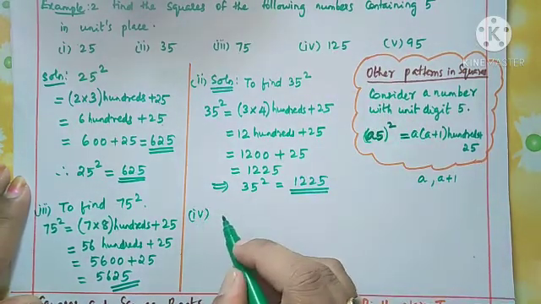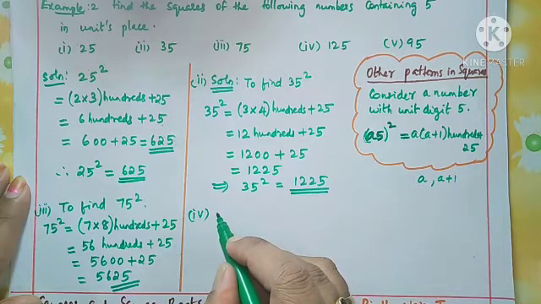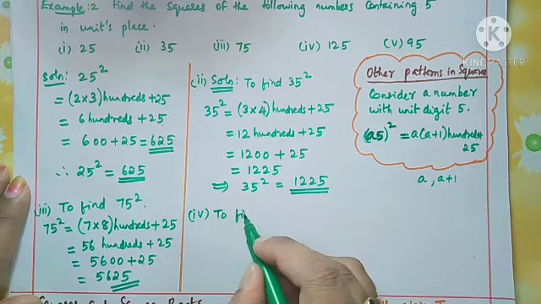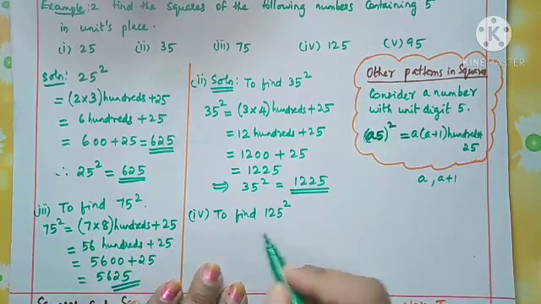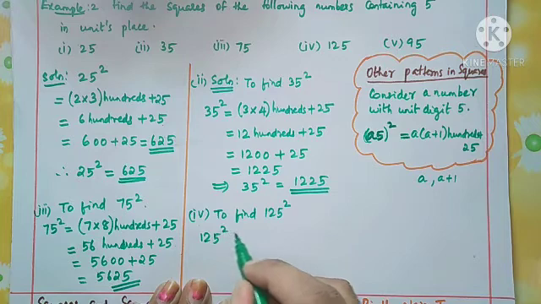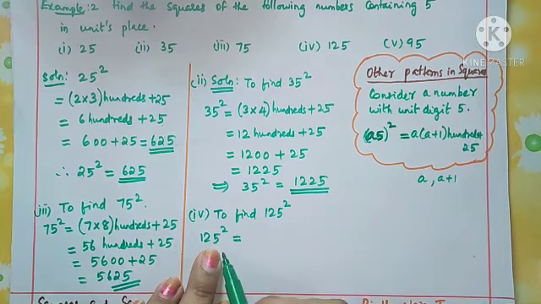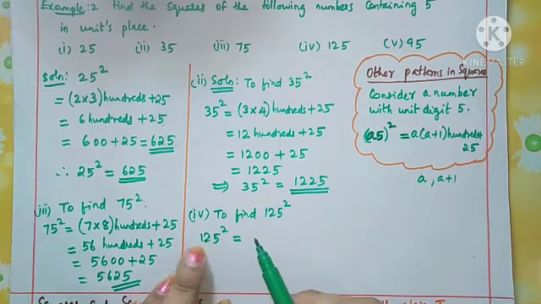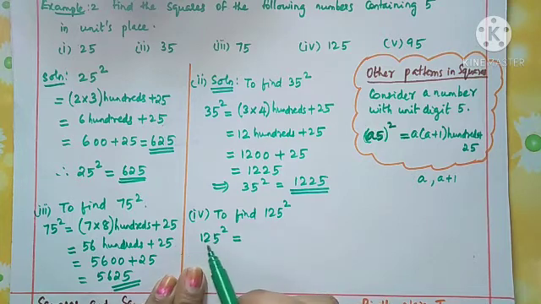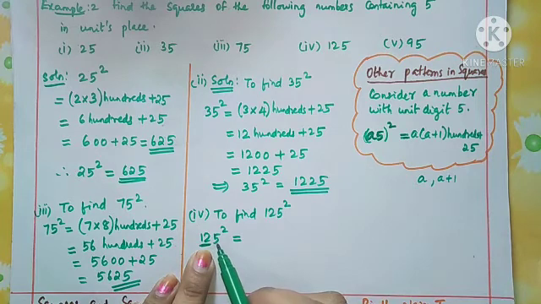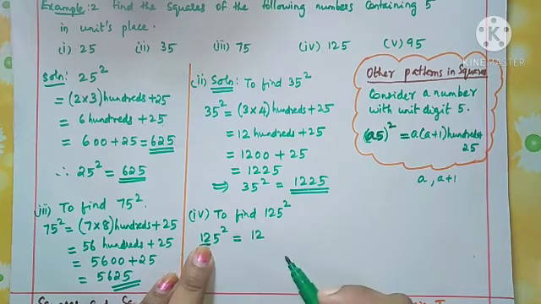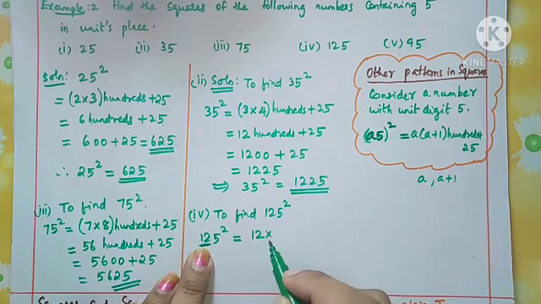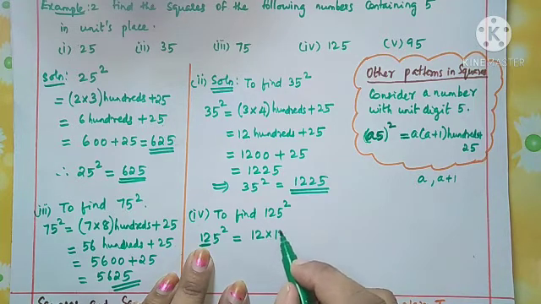Now come to the fourth question. The fourth question is a 3-digit number. So you want to find 125 square. What you want to do is leave this 5 and take this number together. Take this 12 together. Only you are not taking this 5. So the first number 12 you take together, into what is the next number of 12? 13.